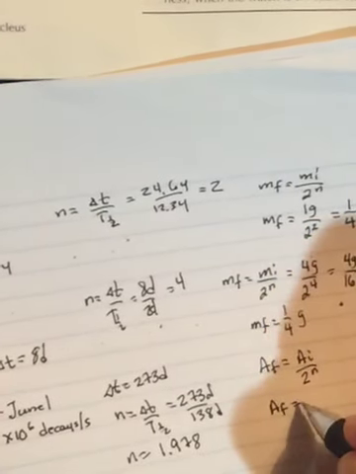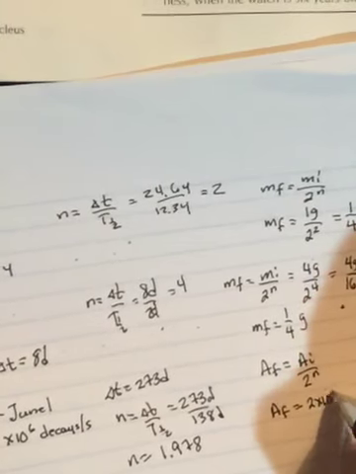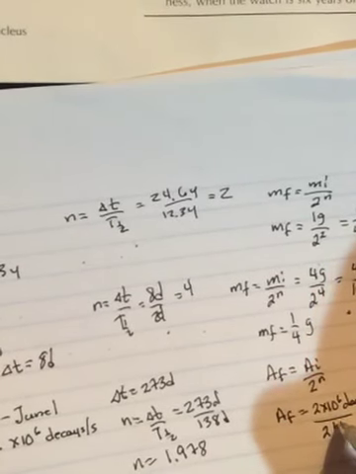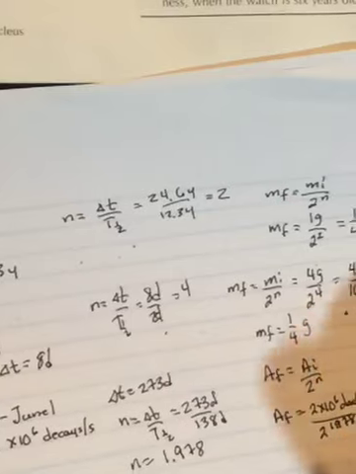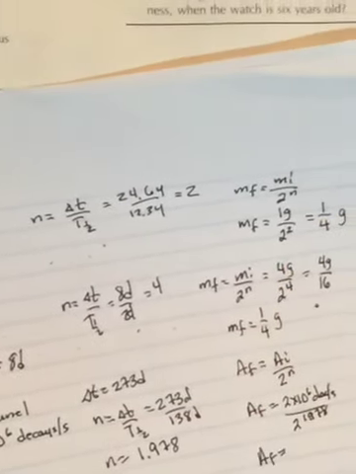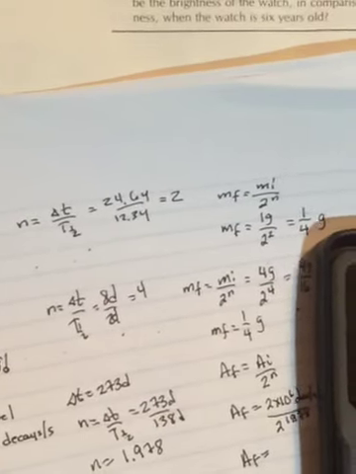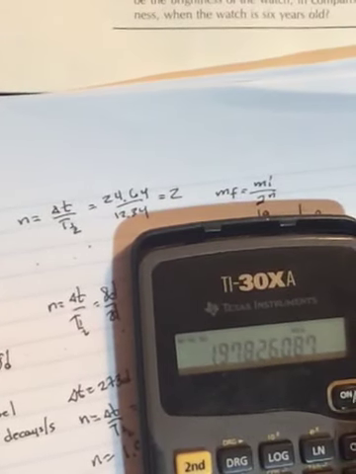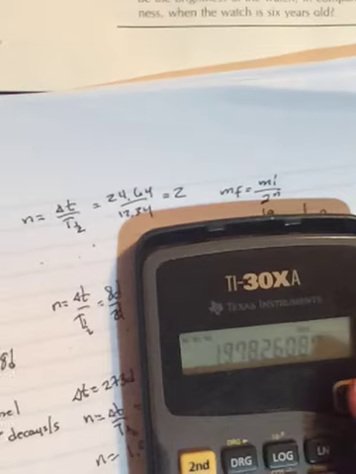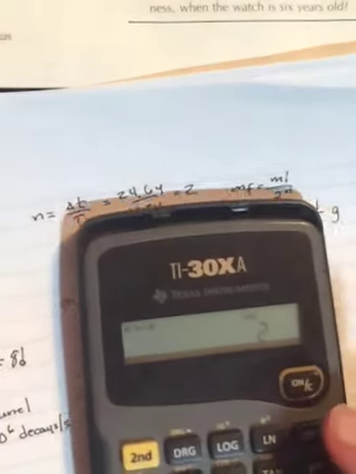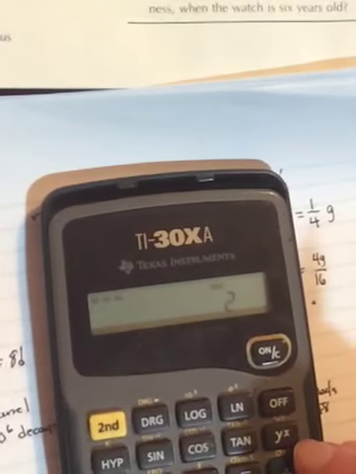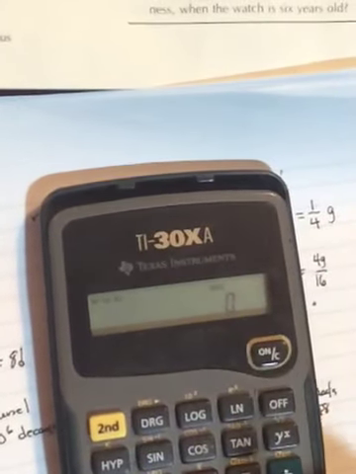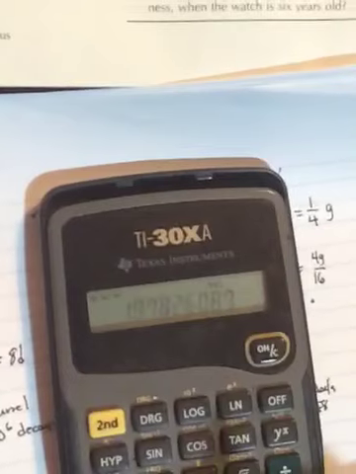So activity final is equal to 2 times 10 to the 6 decays per second over 2 to the 1.978, etc. So then on your calculator, because you probably can't do 2 to the n in your head when n is 1.978, you go 2 and you hit the y to the x button.